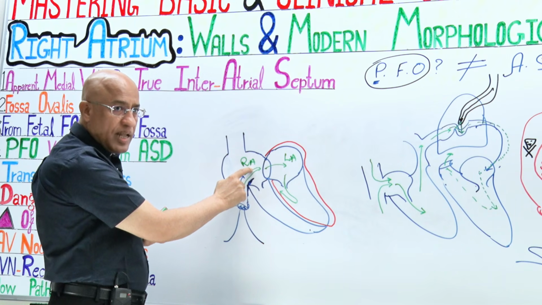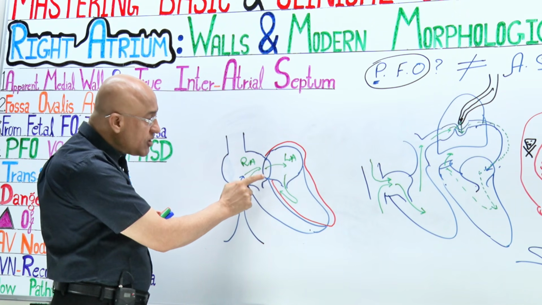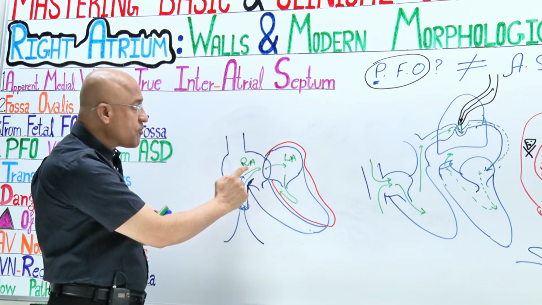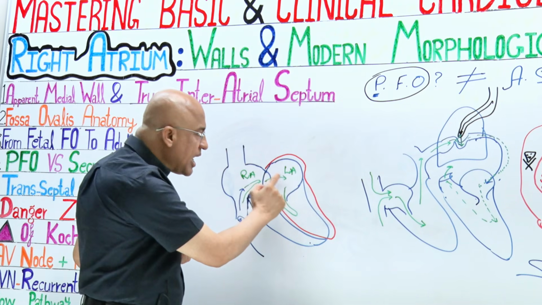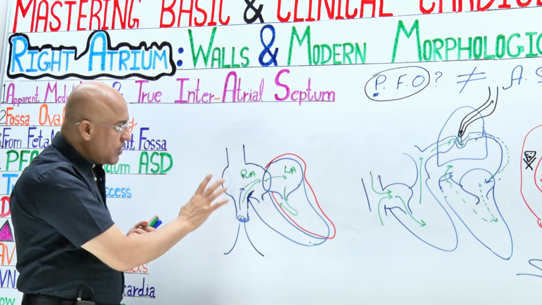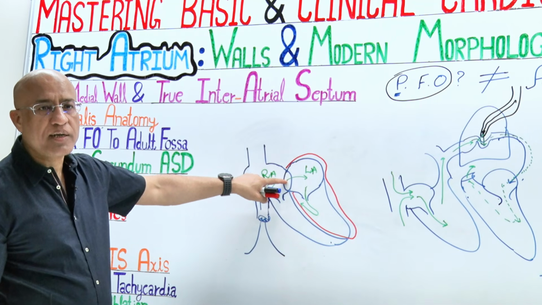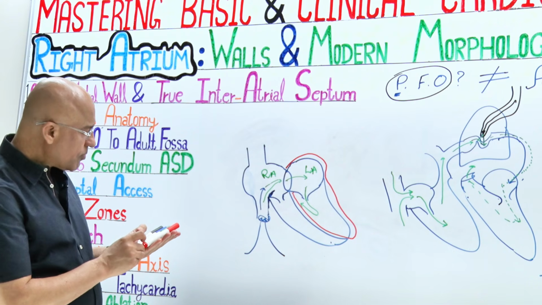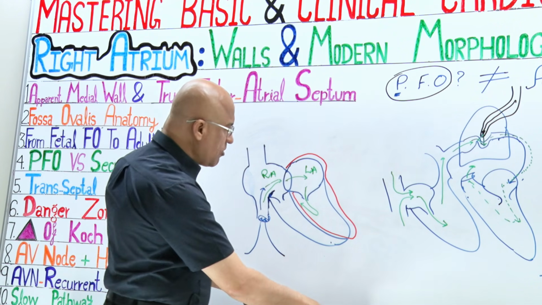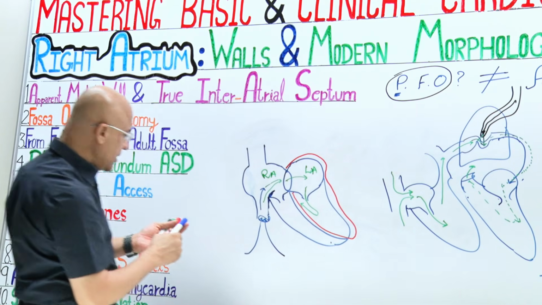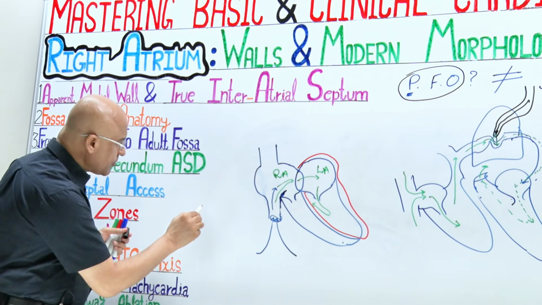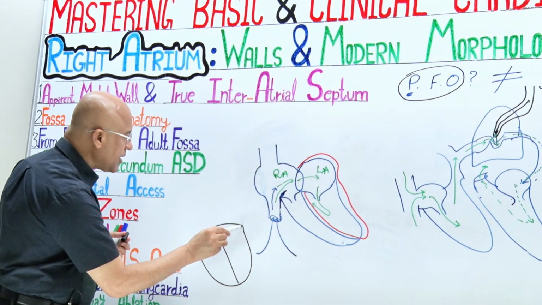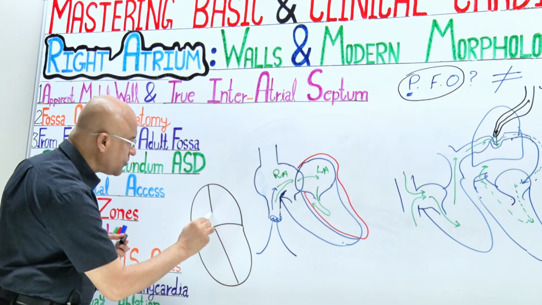And during fetal life, as the pressure in the right atrium is high and the foramen ovale is open, blood keeps shunting physiologically from the right atrium to the left atrium. So this foramen is normally there in fetal life. Now, I will make it more clear here. Let's suppose these are the ventricles and these are the atria, this is fetal.